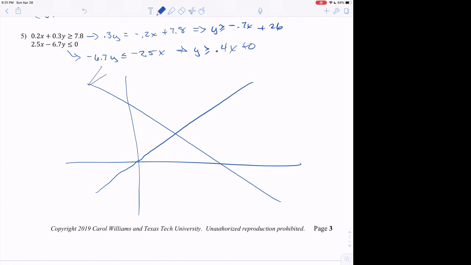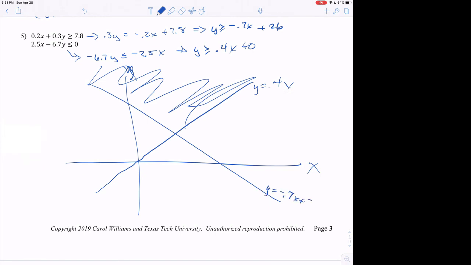So from your calculator here, this is y. And then show me that this is y equals 0.4x. This is the line y equals negative 0.7x plus 26. You would find this value on your calculator, which on my TI-84, I found that this is 23.6, 9.5. And that's what you would need to show me.